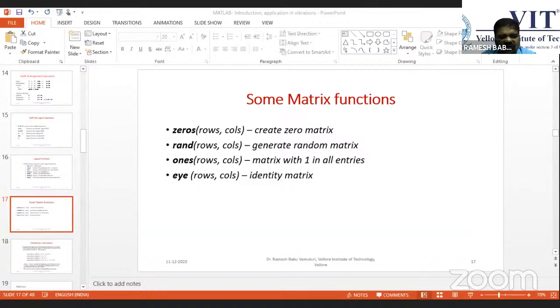Here it will show you some help. Any random number may be generated here. If you want, maybe you can also specify the type. Then if you want only the ones, and then identity matrix, the off-diagonal elements will be zero.